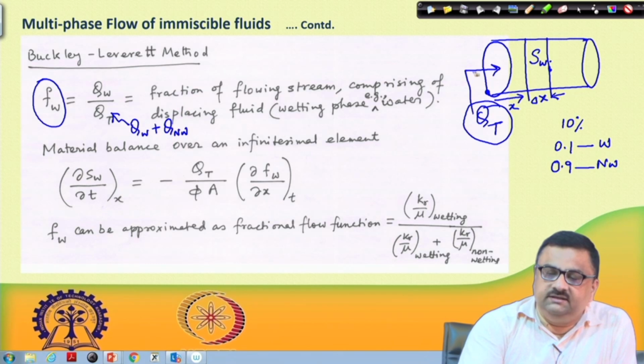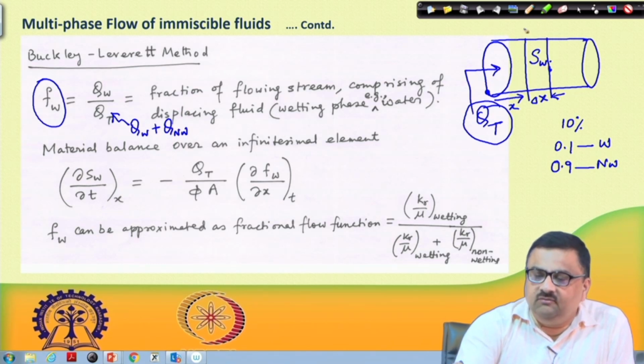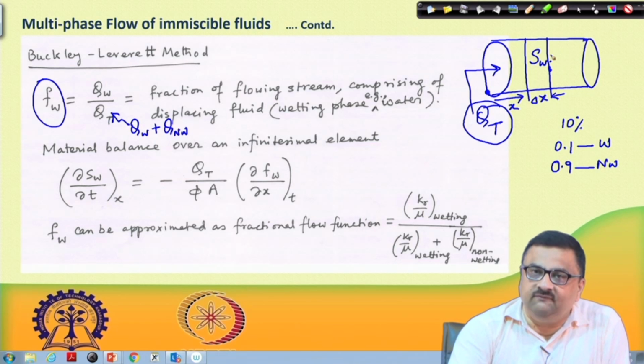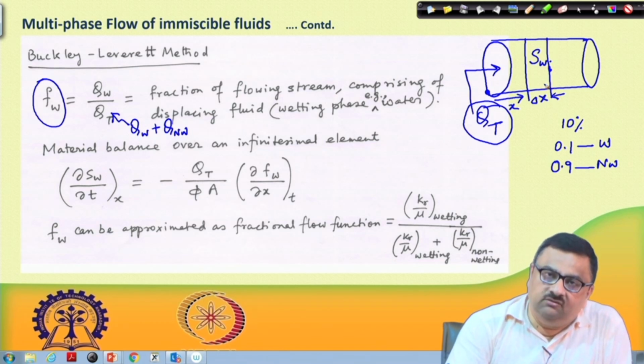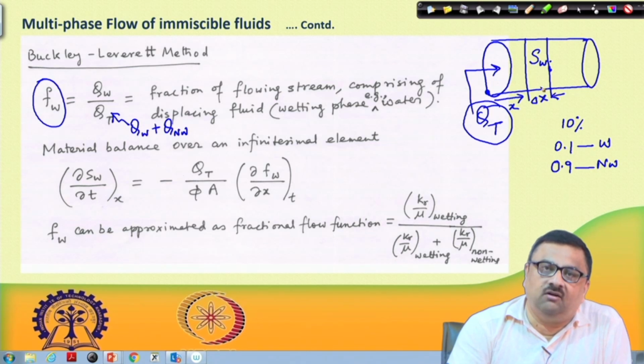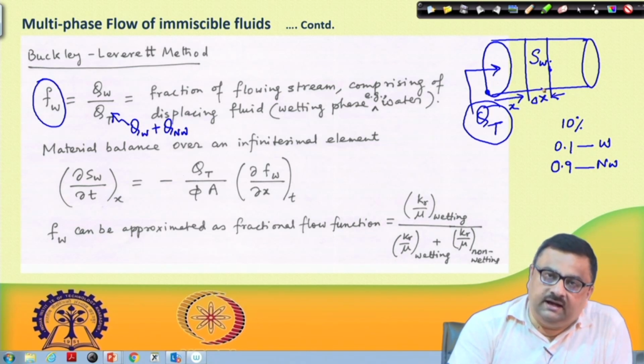So Qt is injected, and at every grid we have some value of Qt. If I break this length into 100 such grids or 1000 such grids, then at every grid we will have some value of Qw and some value of Qnw. The sum of them would be Qt, and we will have some value of Sw, the wetting phase saturation, and some value of Snw, the non-wetting phase saturation.